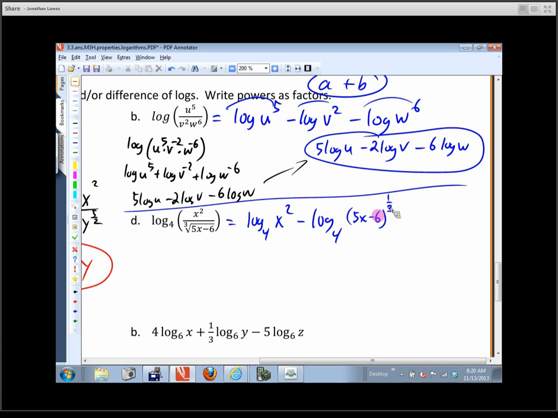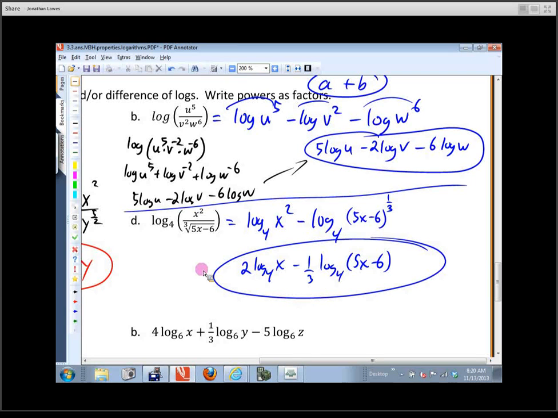That's going to be to the 1/3. Everybody good there? Okay, I've got to have those two pieces, and then all I need to do is slide the 2 out in front and the 1/3 out in front. So this is 2 log base 4 of x minus 1/3 log base 4 of 5x minus 6, and that would be the answer. As ugly as it is, that's the answer.